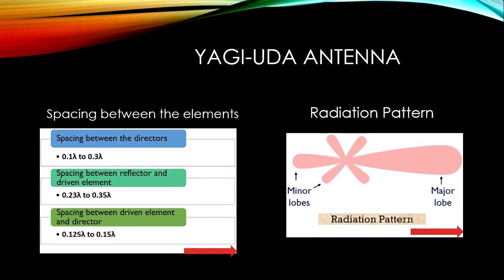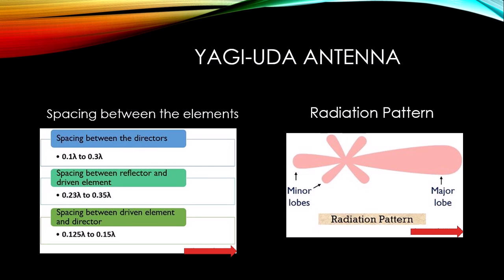So the advantages of the Yagi-Uda antenna: it offers a very high gain. So that's the number one. Second, it possesses a highly directional characteristic because of the use of directors. Third, it is a low cost antenna. So that is why it is also a well-known and famous antenna.